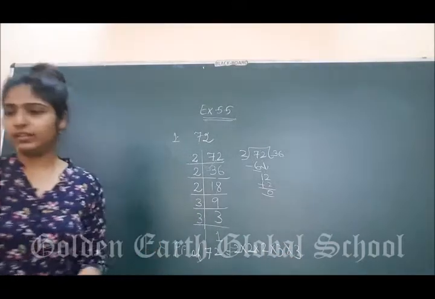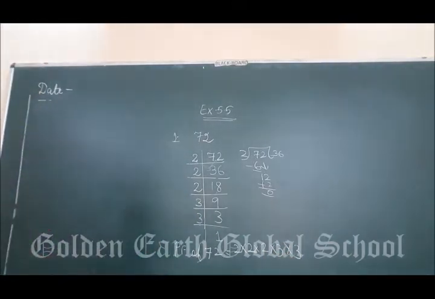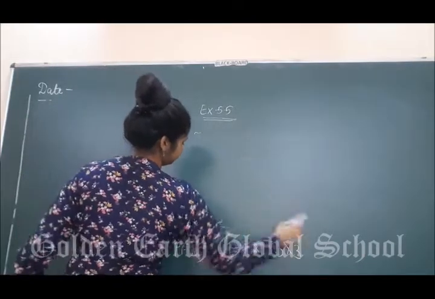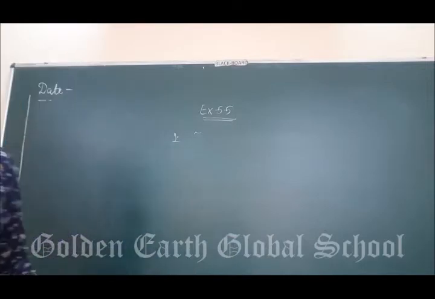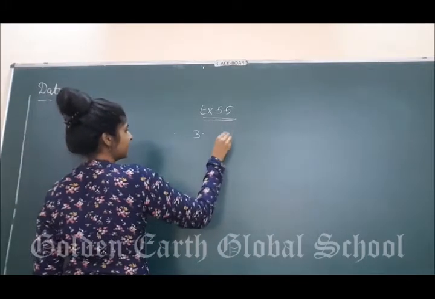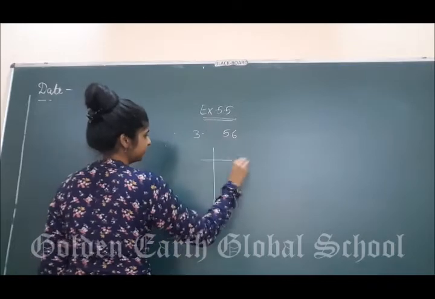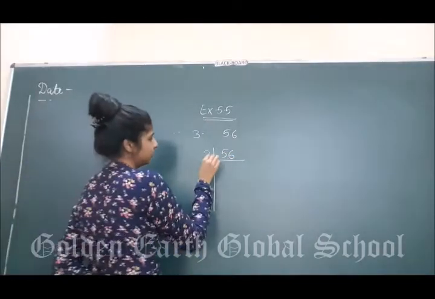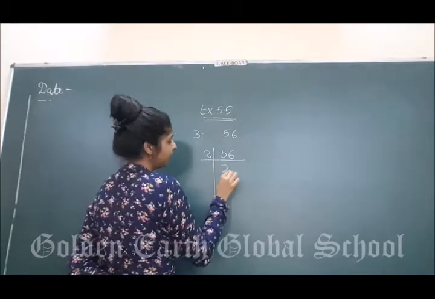Clear? Now let us take another example. Let us do the third part, that is 56. On the table of 2, 56 is divisible on which value? 28.